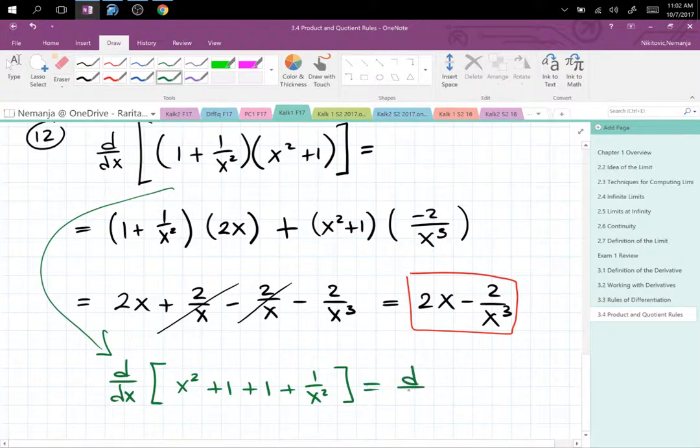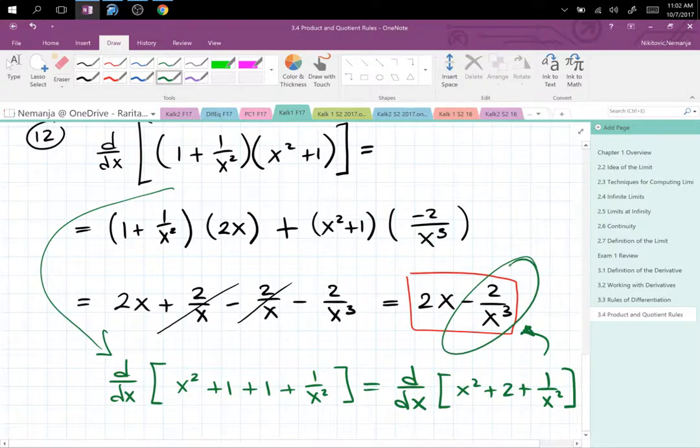And this is the derivative of x squared plus 2 plus 1 over x squared. Do you see how that becomes that derivative? The derivative of x squared is 2x. The derivative of 2 in the middle is 0. And the derivative of x to the negative 2 is negative 2 times x to the negative 3, which is exactly this. So that was nice.